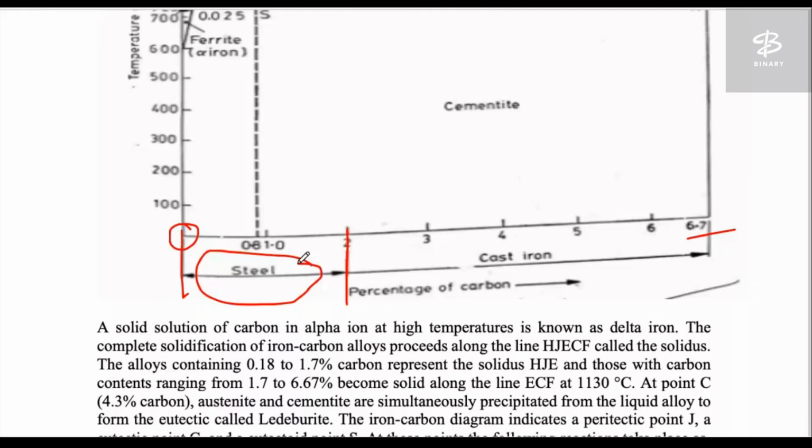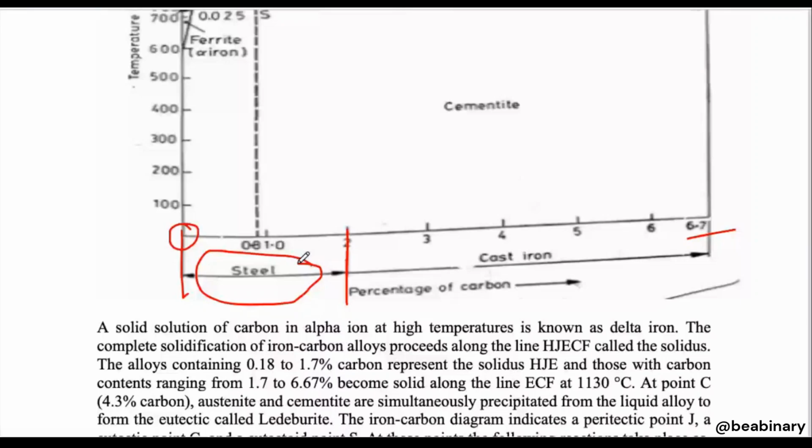What if you exceed that 2% limit? Between 2 and 6.7%, if you have mixed carbon into the iron, that is known as cast iron. What is cast iron, and what is steel? This is very basic: it depends on how much percentage of carbon you have mixed into the iron.